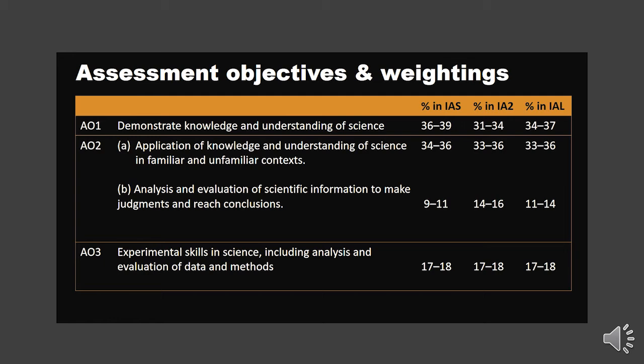Objective 1 is demonstrate knowledge and understanding of science. Objective 2 is application of knowledge and understanding of science in familiar and unfamiliar contexts. This objective 2 has one more category, that is analysis and evaluation of scientific information to make judgments and reach conclusions. And objective 3 is experimental skills in science, including analysis and evaluation of data and methods.